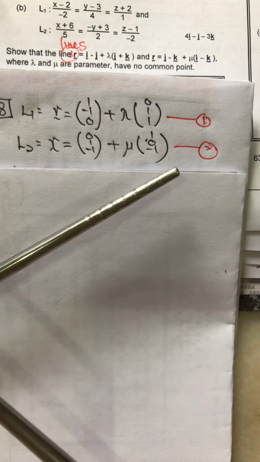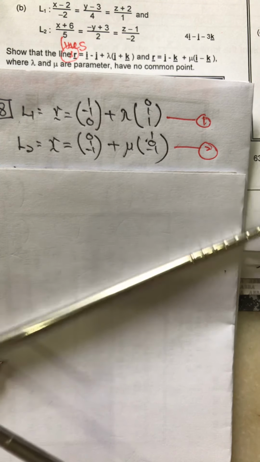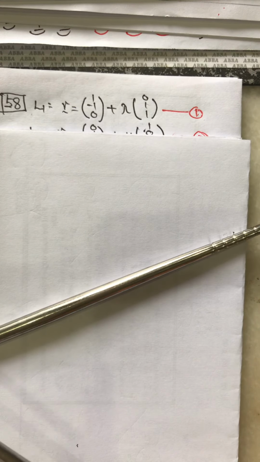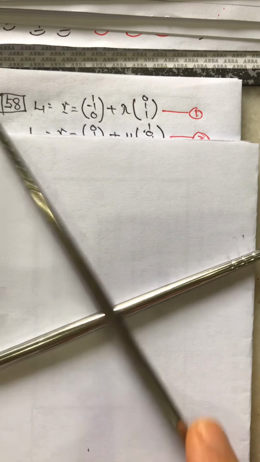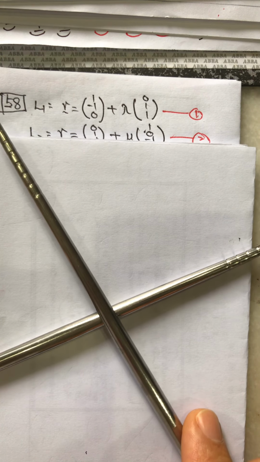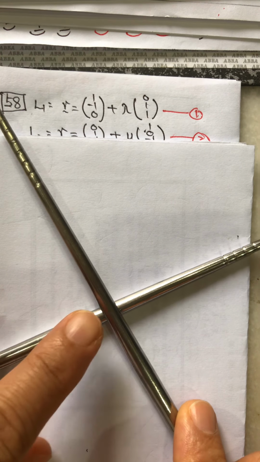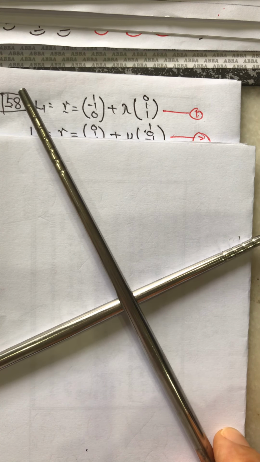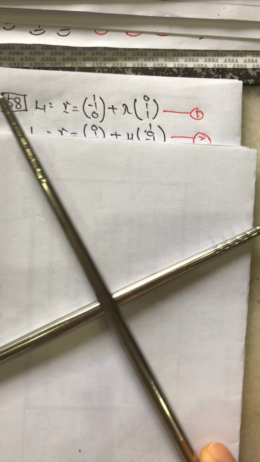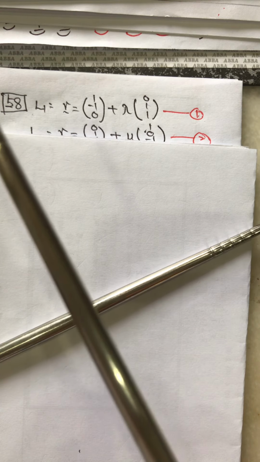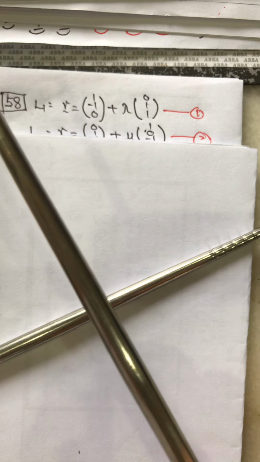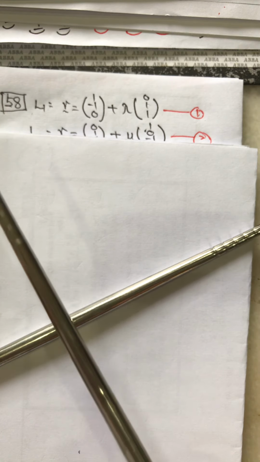In Form 4 we do two-dimensional: if the two lines are not parallel, then they must intersect at a point. But now our problem is three-dimensional. That means maybe one line is up here, passing at the top, so even though they are not parallel, they still do not intersect.